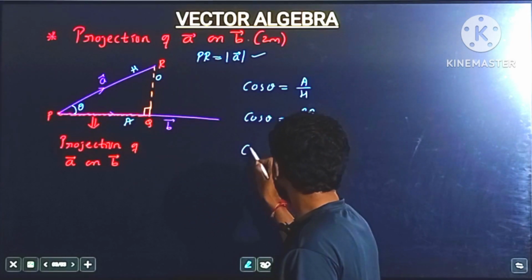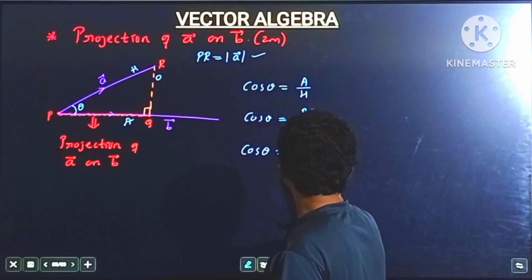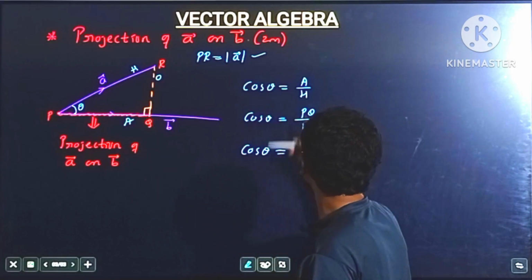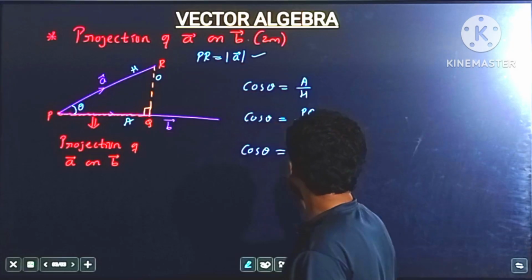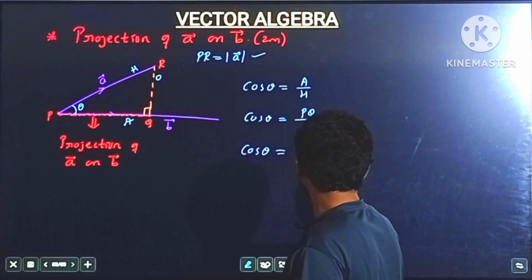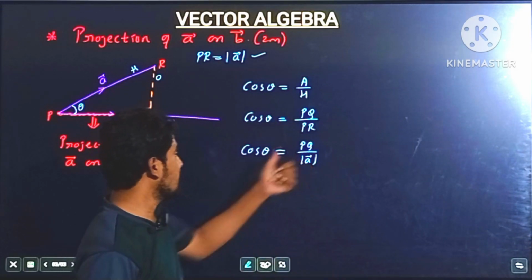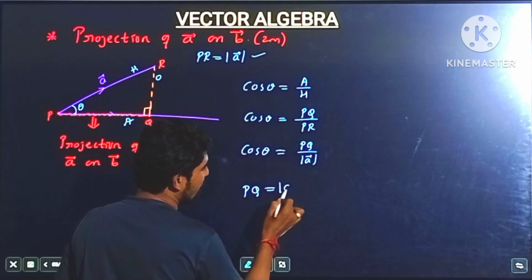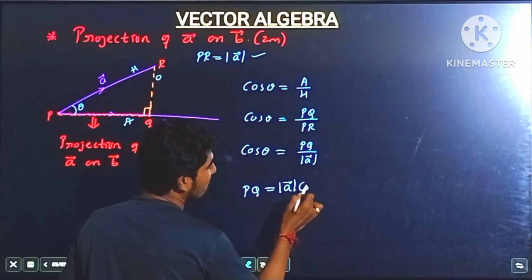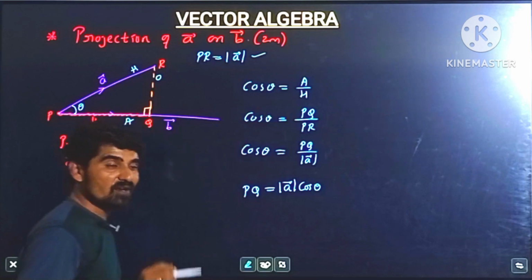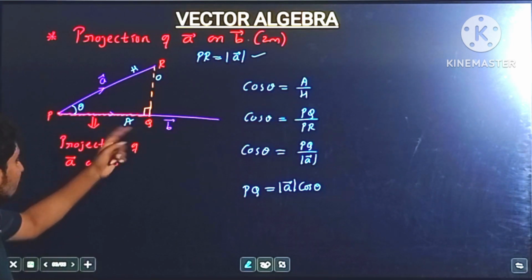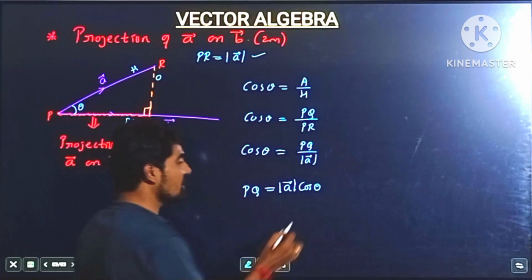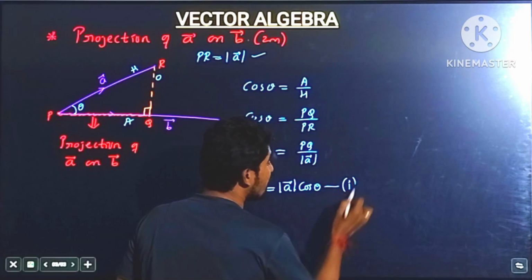Hence cos theta is equal to PQ, the value of PQ is unknown, divided by PR, and the length of PR is equal to the magnitude of A vector. Therefore, by cross multiplication, PQ is equal to magnitude of A vector into cos theta. I hope all of you are understanding. So, length of PQ is equal to magnitude of A vector into cos theta.